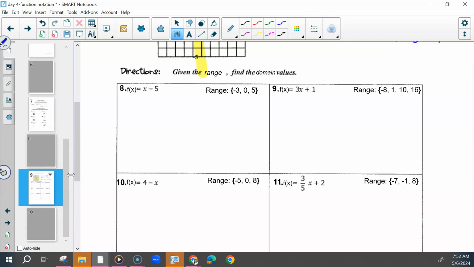So for each of these, I'm going to make this y equals, because that's similar. And I'm going to replace each of our range values with y, and solve each one.